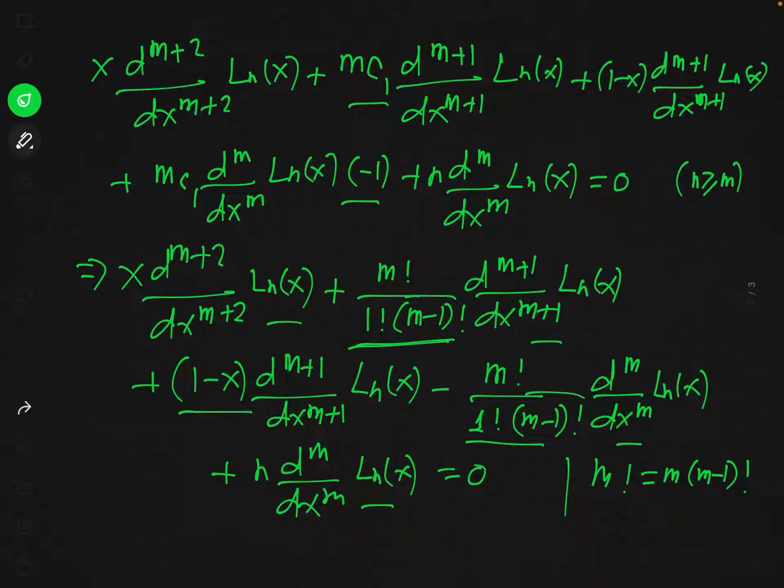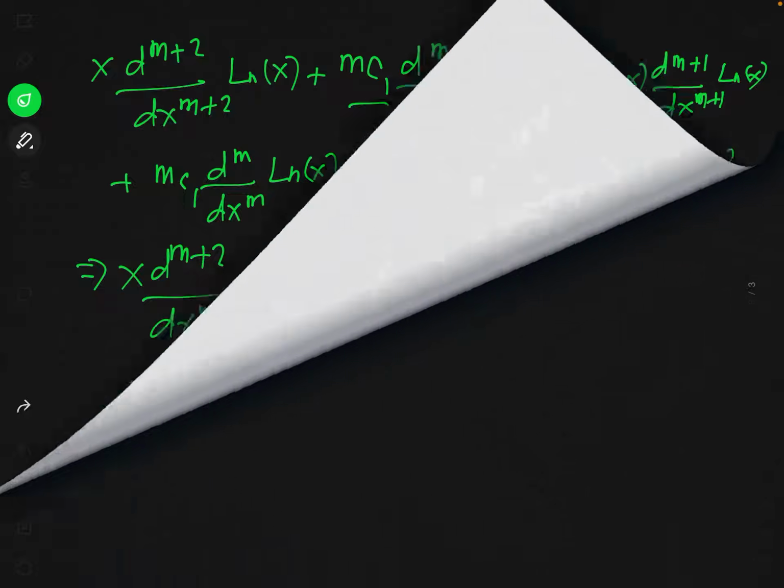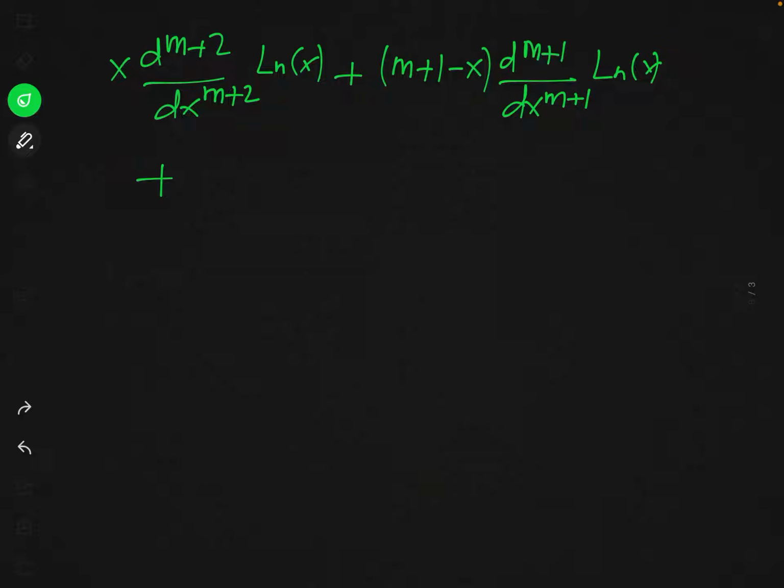So we can write it associating these two terms. This will be (n − m) d^m/dx^m operated on ln of x, and this will be equal to 0.